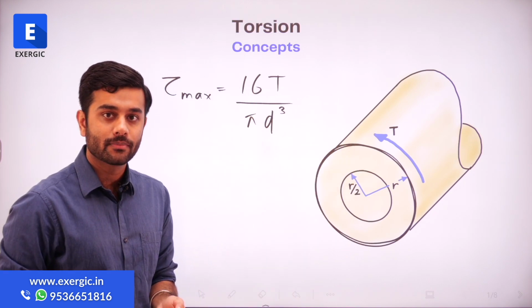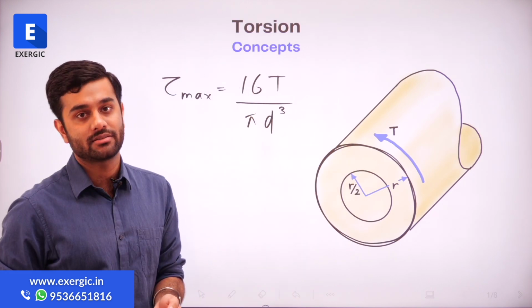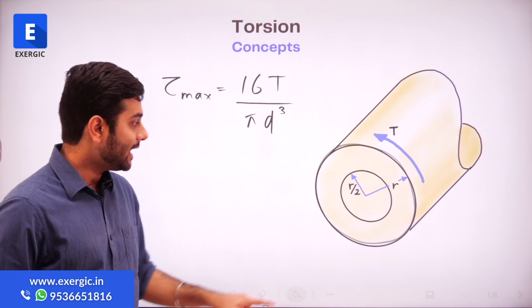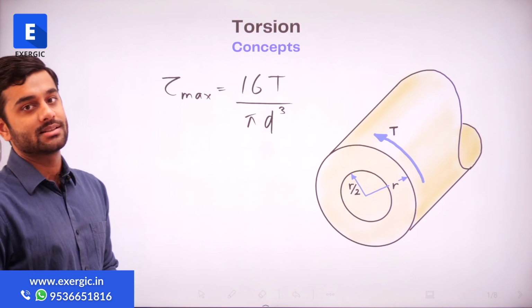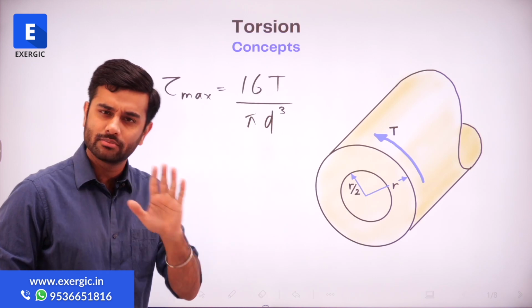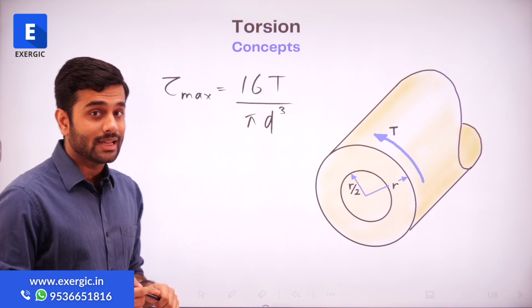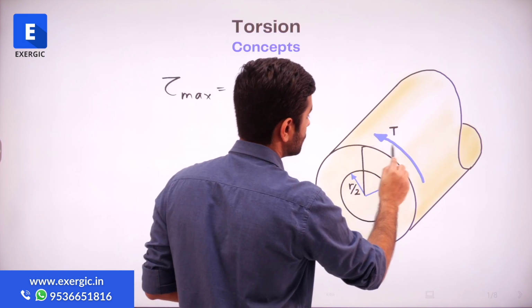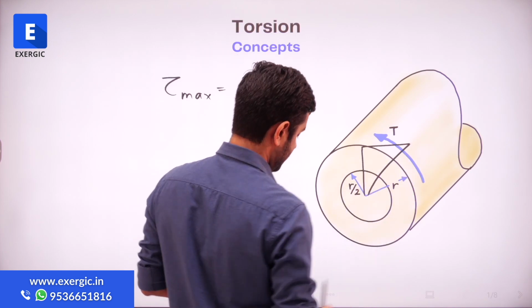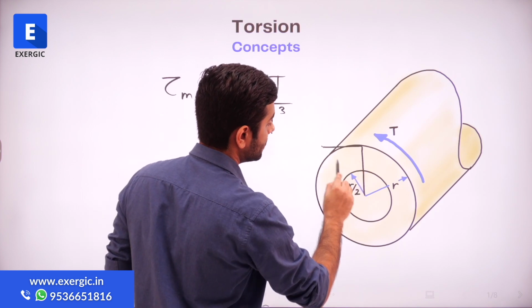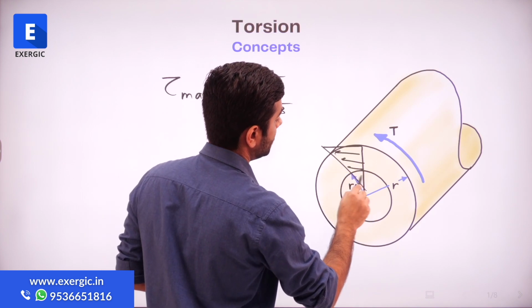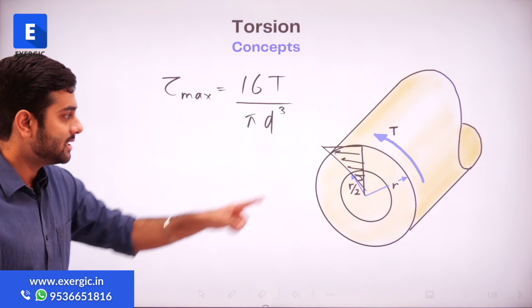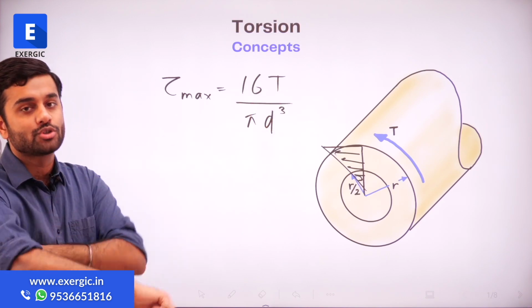And the value of maximum shear stress acting there can be determined using the expression 16T divided by pi d cube, right? We also know that the variation of shear stress is going to be linear like this, obviously with the maximum value at the farthermost point.